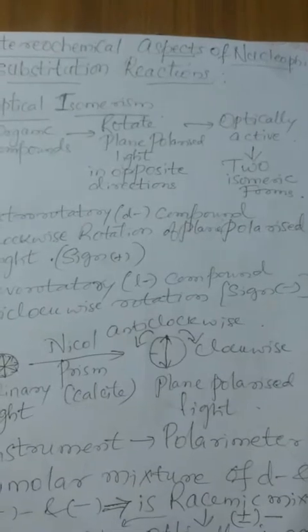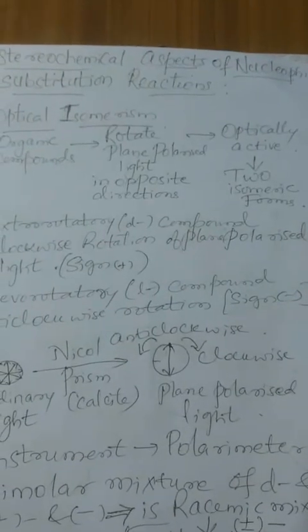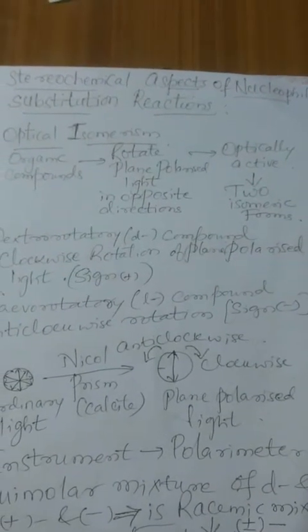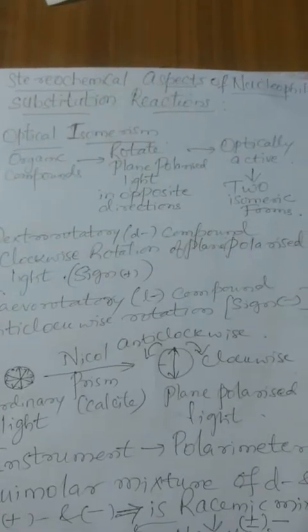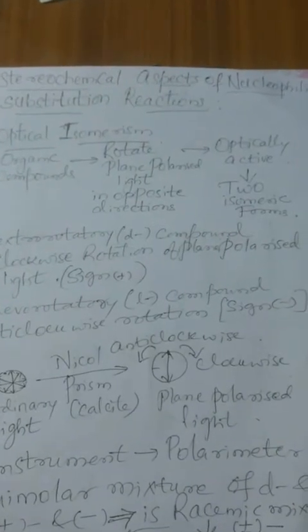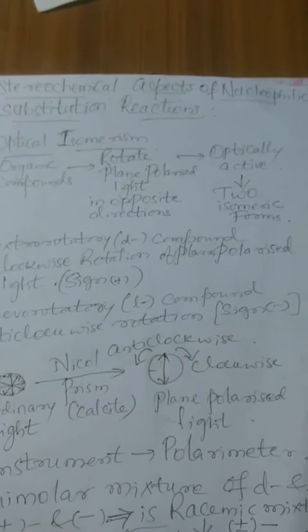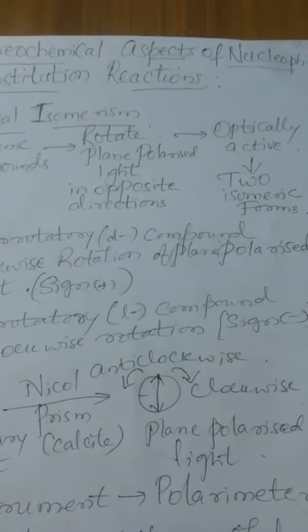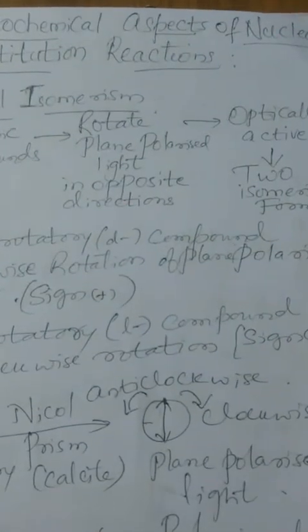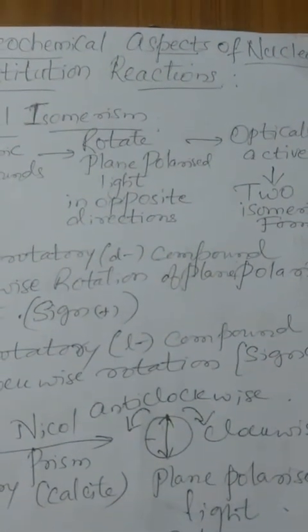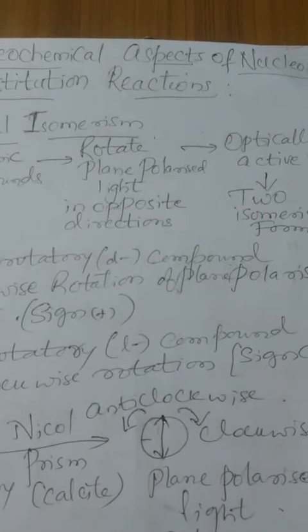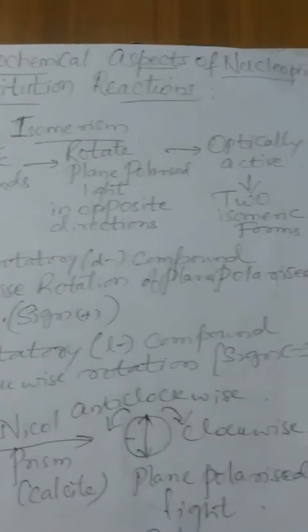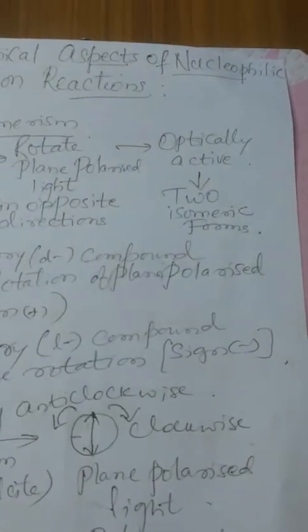Now this optical isomerism is a type of stereoisomerism which is exhibited by certain samples of organic compounds which are optically active. Not all organic compounds are optically active. A few organic compounds have the ability to rotate plane polarized light. Such samples are said to be optically active and they exist in two isomeric forms.